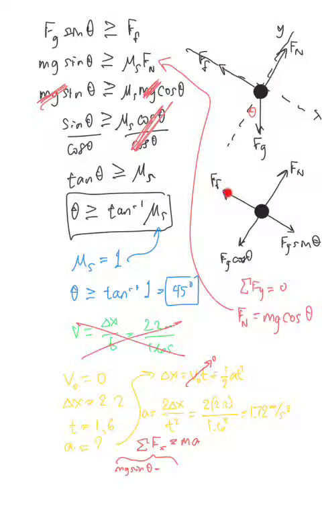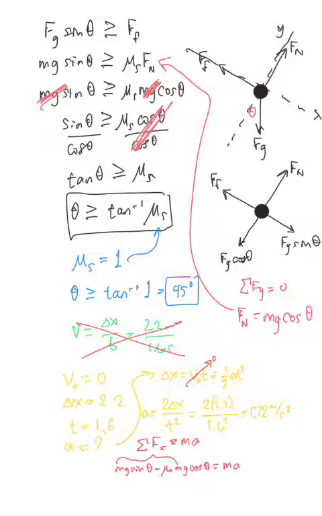That's the frictional force, and it's kinetic friction now because the block is moving. Kinetic friction is mu k times Fn, and we know once again that Fn was equal to this right here, so we subtract mu k mg cosine theta. That's the frictional force. And we leave the right side of the equation as it is, m times a.